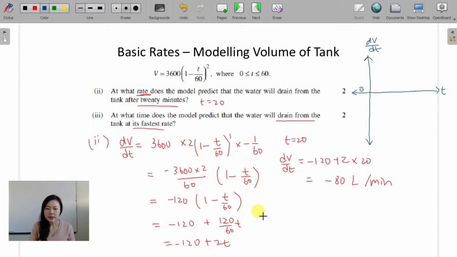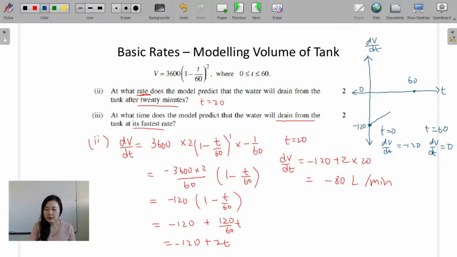You can see that when t is equal to 0, dV/dt is minus 120. And it only goes to 60 minutes anyway. So if you sub in t is 60, dV/dt goes to 0.